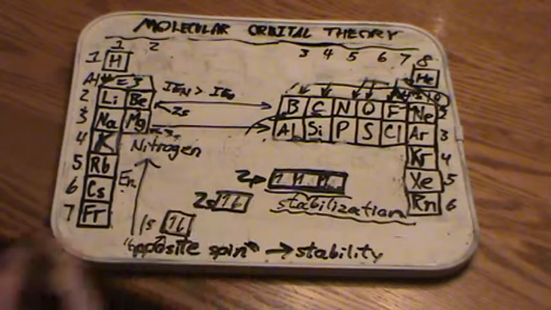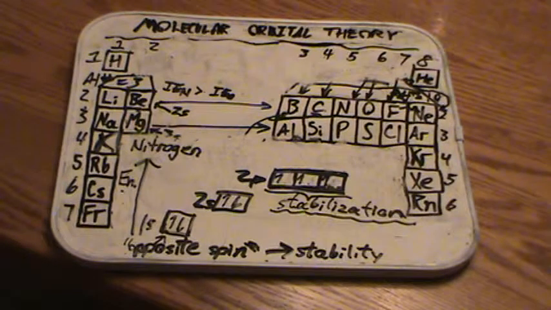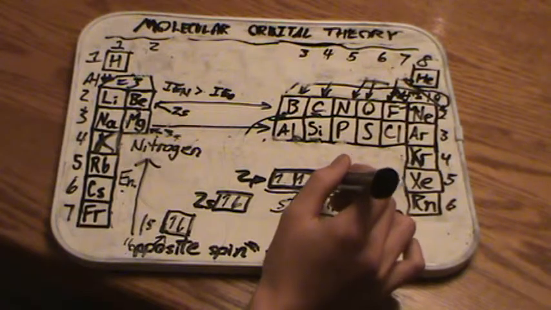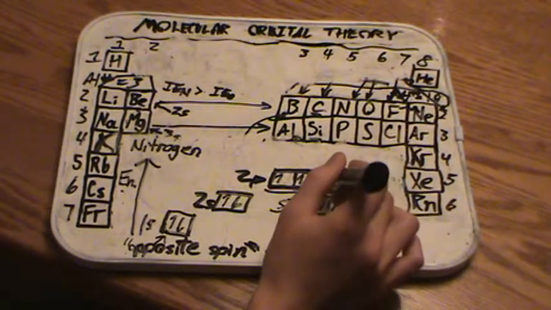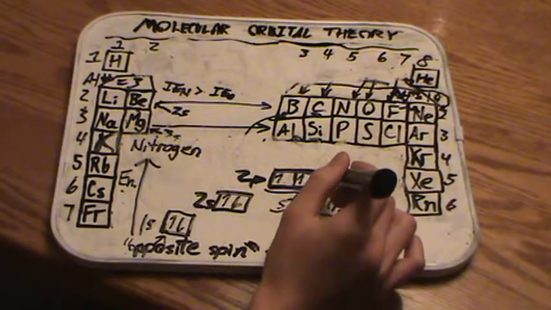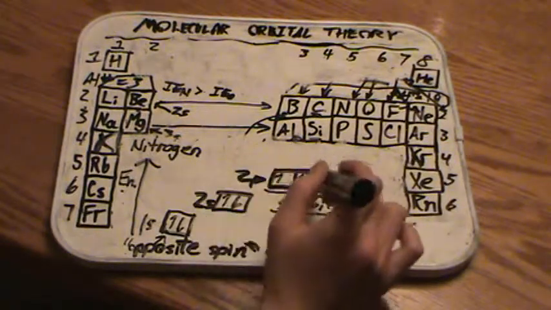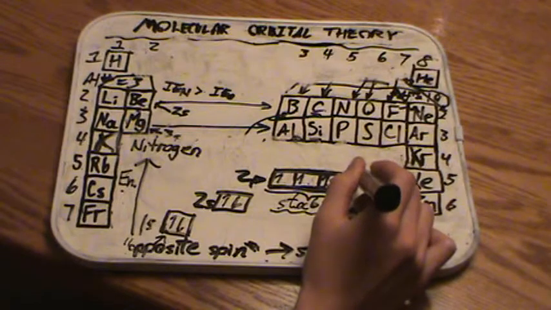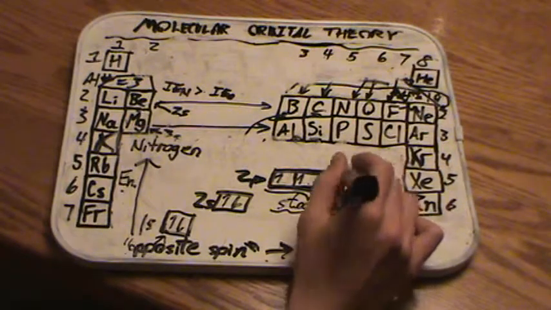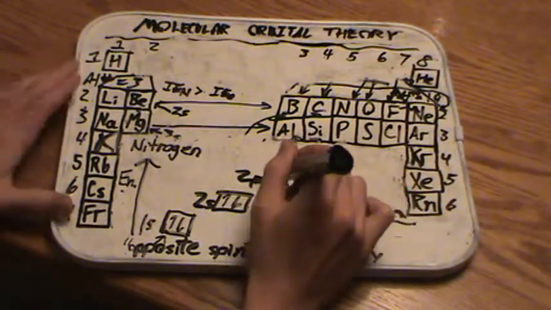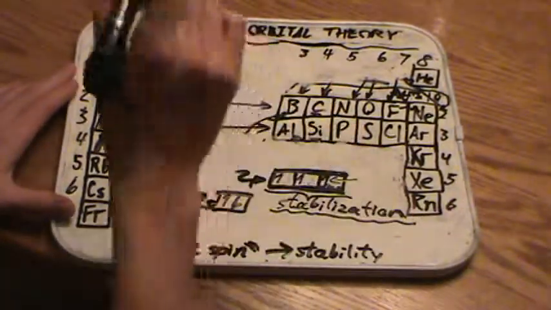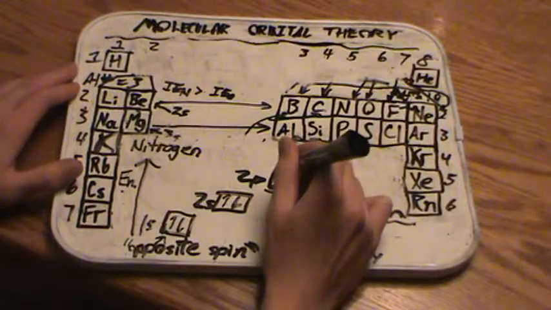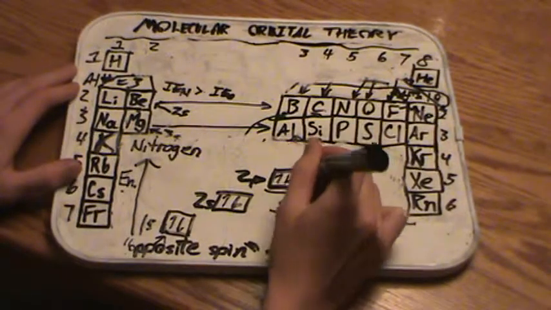And when something is relatively stable, when it has half-filled orbitals, it takes more energy to take away one of its electrons. So if we're talking about nitrogen here, to take away this electron, for instance, it would take more energy than for oxygen, if we were talking about the orbital diagram of oxygen, you would add 1 electron here because it is 1 to the right of nitrogen.